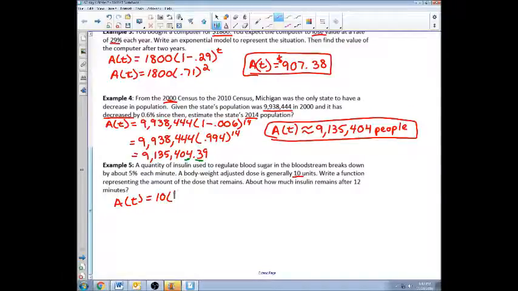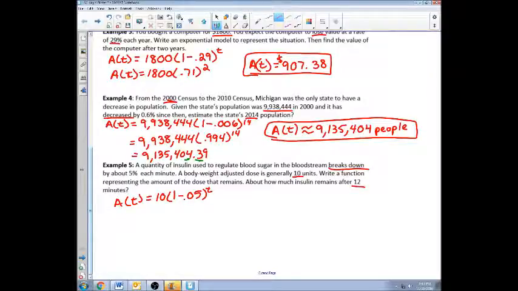Now I'm going to have 1. It's either going to be plus or minus, depending. This is saying breaks down. So if it's breaking down, I would say that it's going to be losing or decaying, right? So it would be 1 minus 5%, which is 0.05, raised to the t. Now that we have our function, I can go ahead and put however long it's going to be in for t.